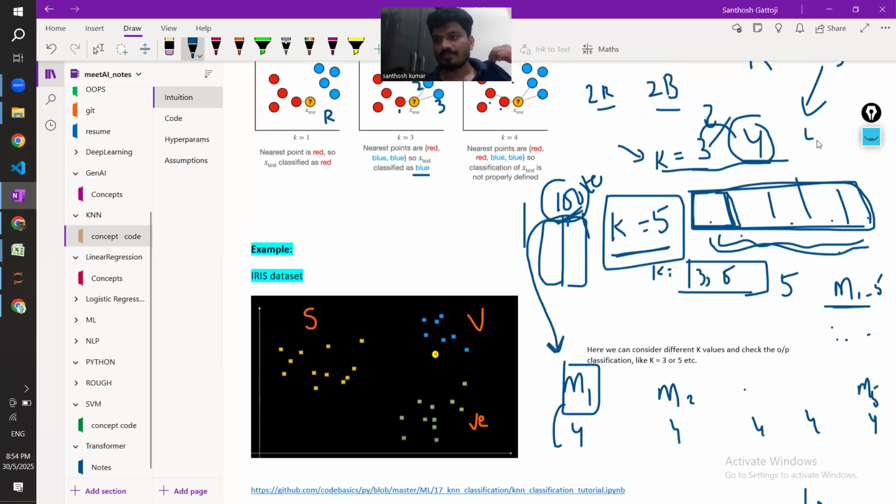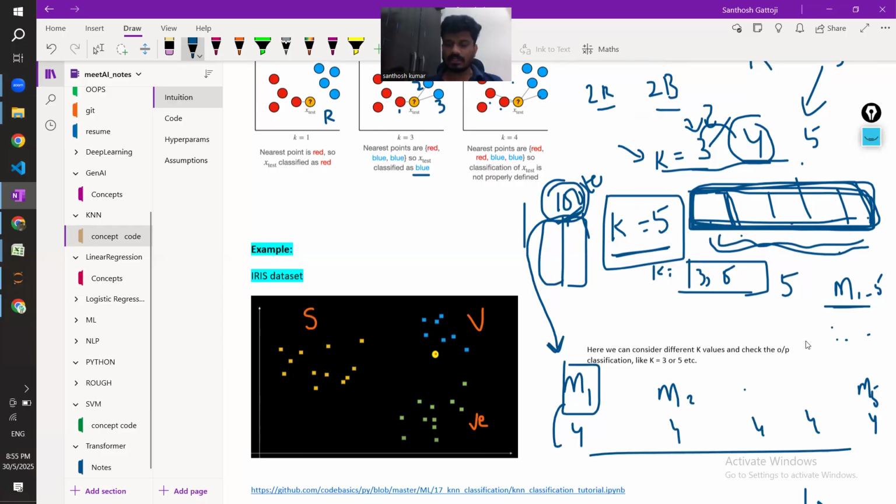Again for 5, you come inside and for each of the 100 data points, you calculate the accuracy from all these 5 models. These 5 models are fixed because once we have divided and created them, they are fixed. But as your K changes, your predictions will change. Then you take the best one.